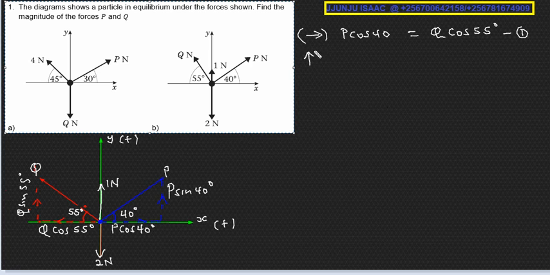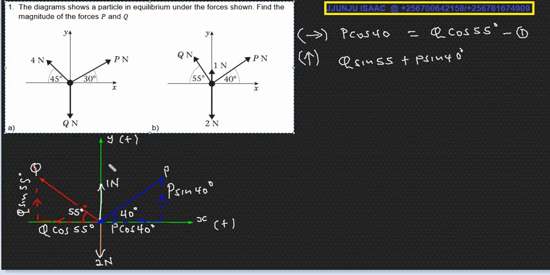Now, if we consider the vertical components, we have these two which are positive, Q sine 55, then plus another P, which is P sine 40 degrees. This goes up.